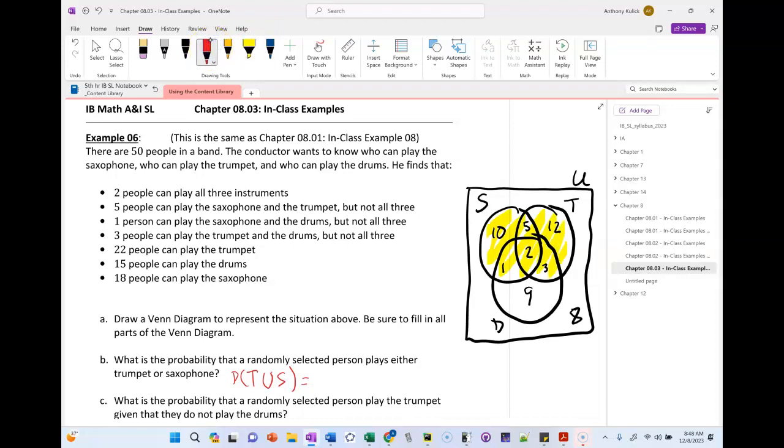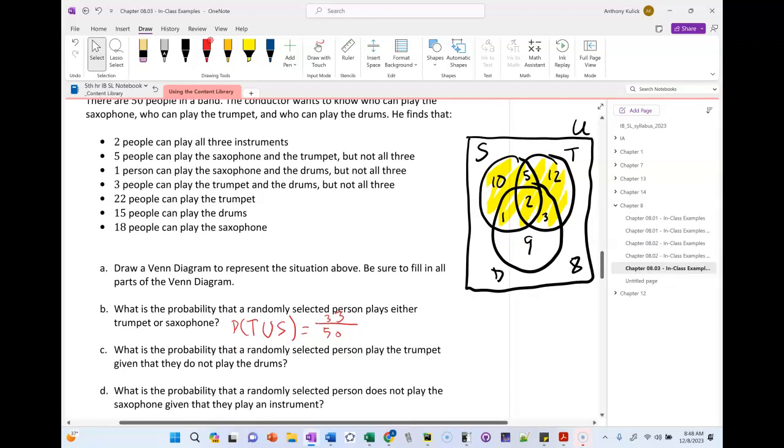That's trumpet or saxophone, correct? Add all that up. So it's that 15, 27, 32, 33.